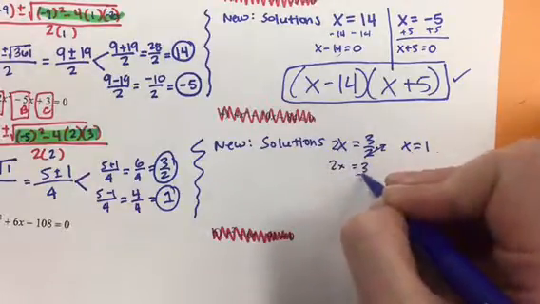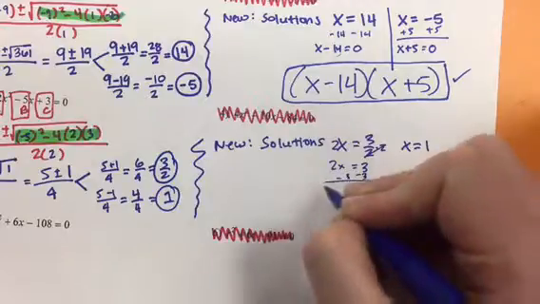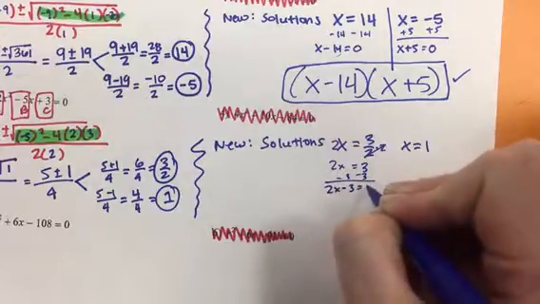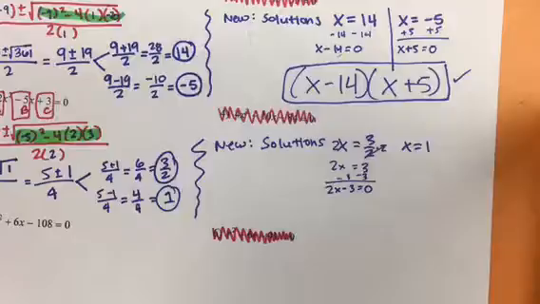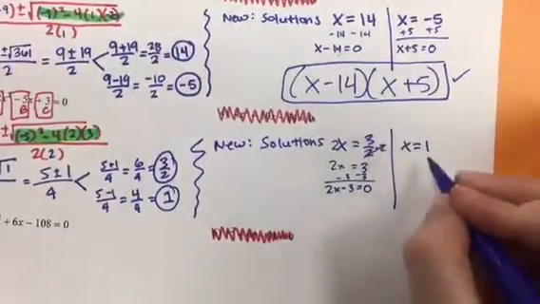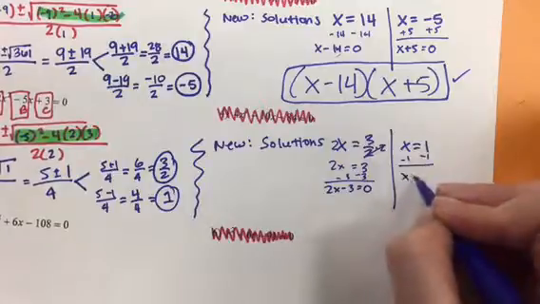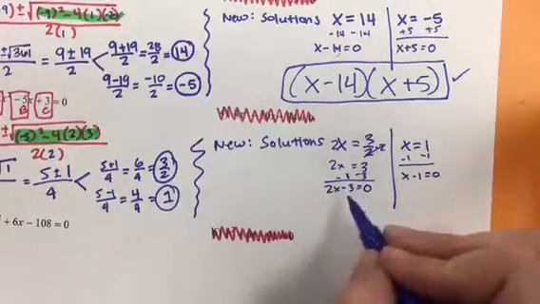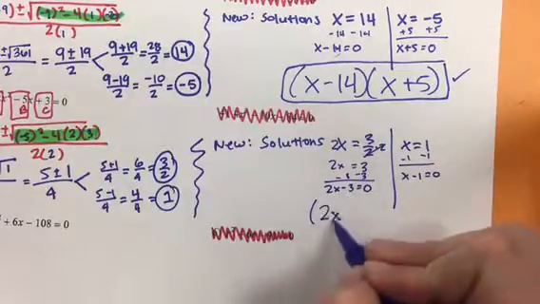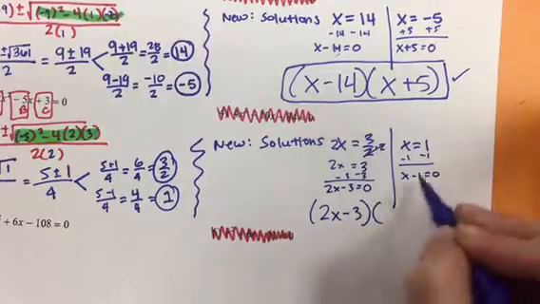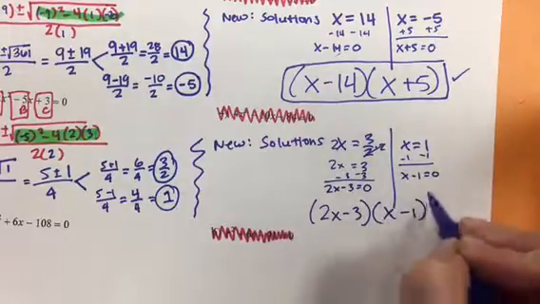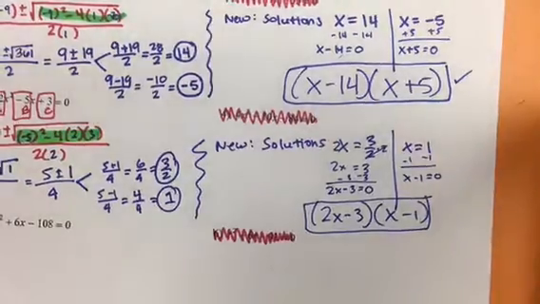Then I can subtract 3, so 2x minus 3 equals 0. On this one, it's nice, there's no denominator, so I just subtract the 1. And those are my two factors. So 2x minus 3 is one factor, and then x minus 1 is my other factor. And we're done.